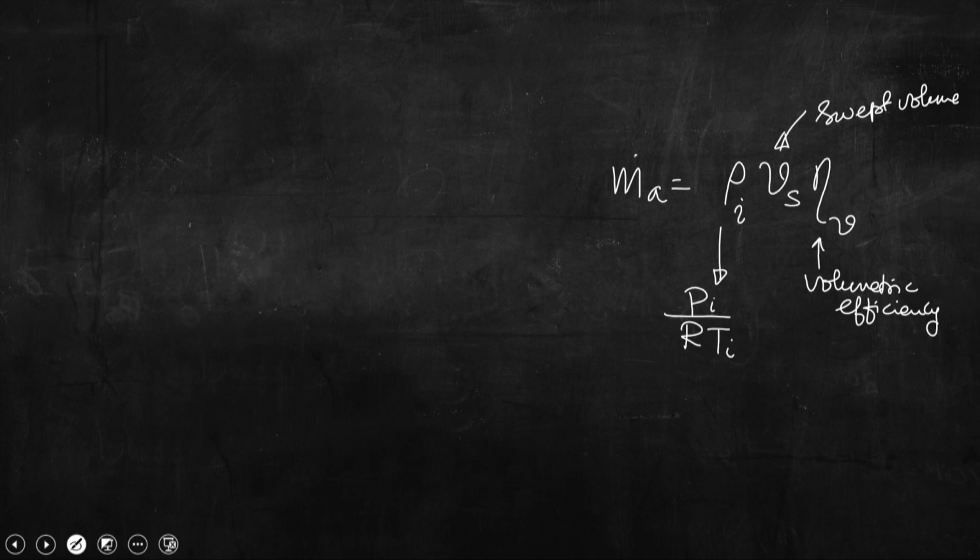So, if we can monitor the temperature of ambient air, we can also control the mass flow rate of air that should be drawn into the engine cylinder, because this is directly related to the efficiency of the engine. So, what does it mean?